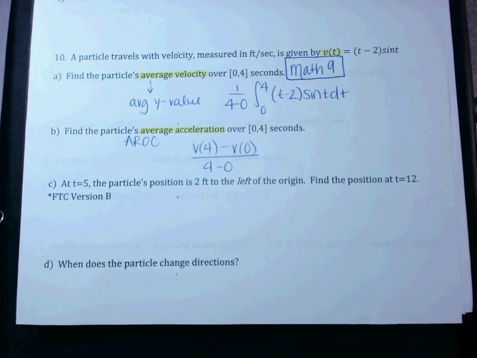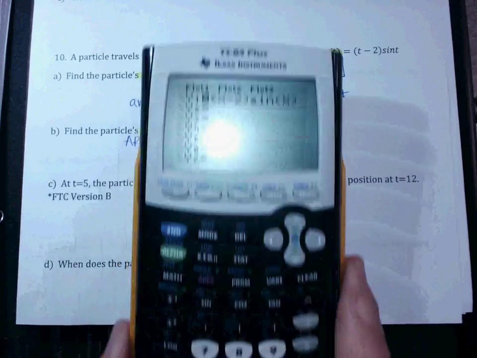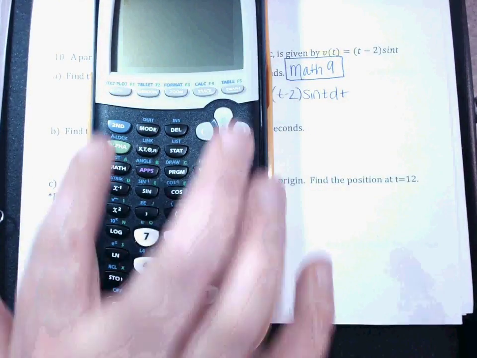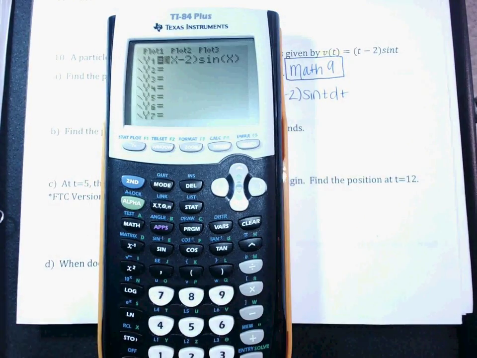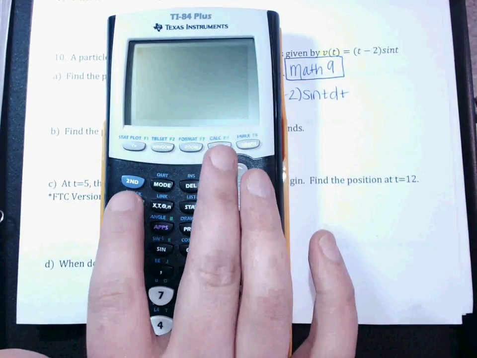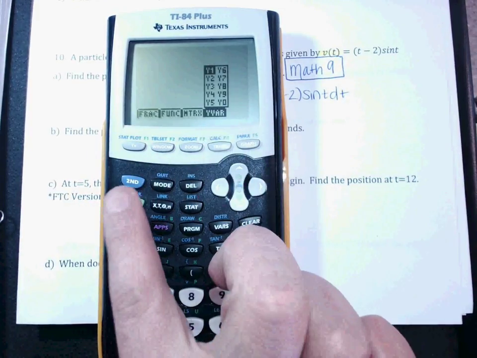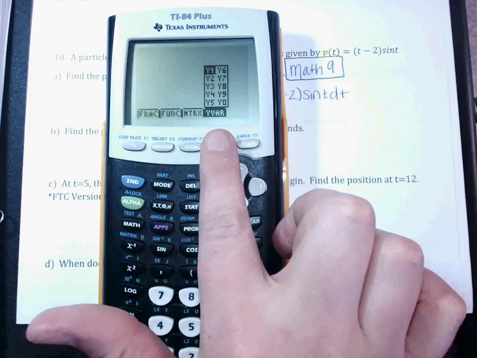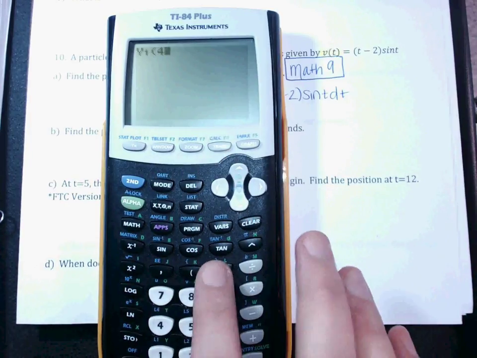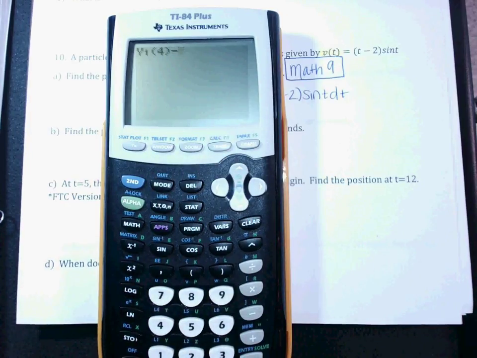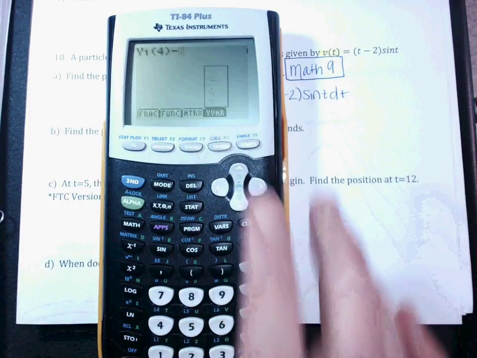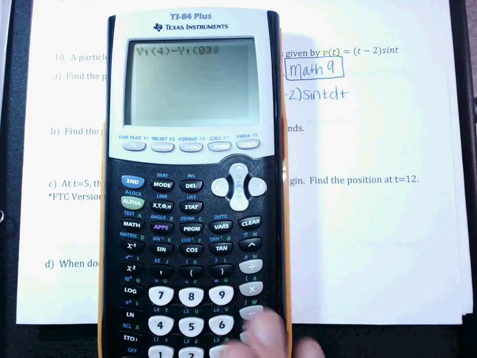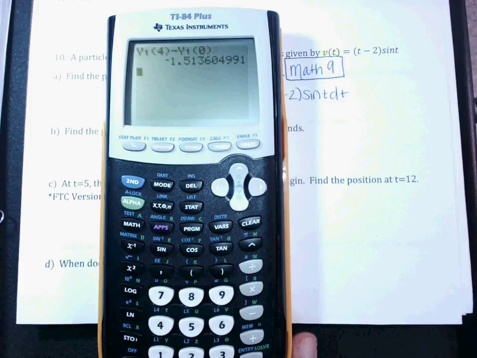And then we remember how to do that in the calculator? In your normal calculator mode, you have to have it typed in for it to do anything. But then you can hit alpha trace, and then pick y1 of 4 minus alpha trace, y1 at 0. And then what do I have to remember to divide by after I find the top? Divide by 4.